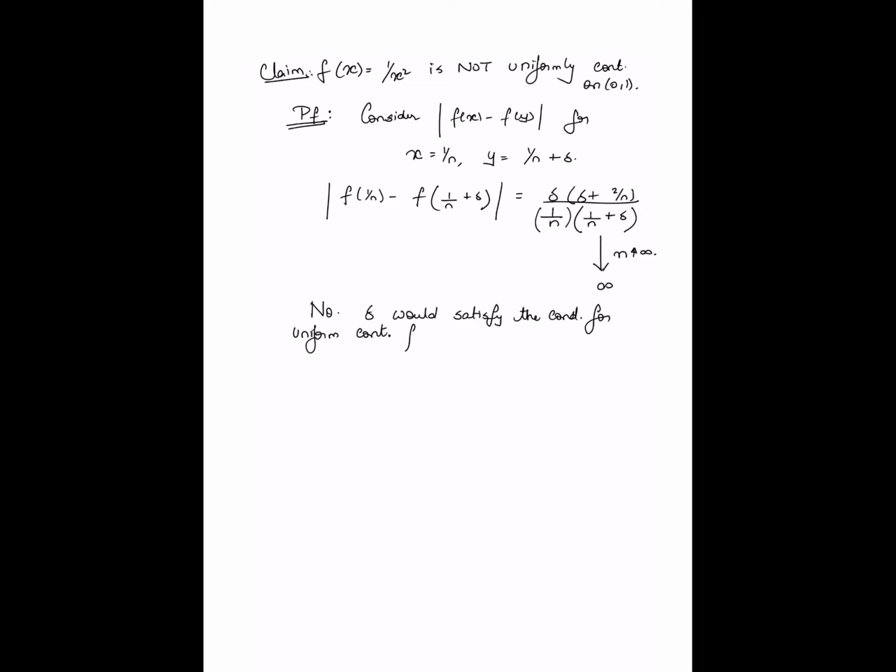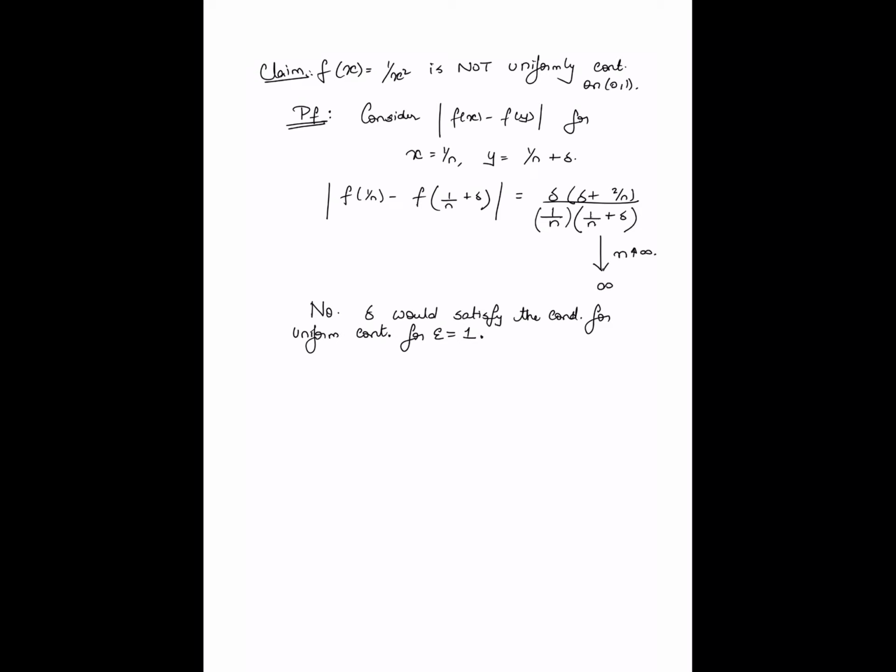So for example, for epsilon equals 1. If it were uniformly continuous, then for epsilon equals 1, you should be able to give me a delta such that any two points in the interval 0 to 1 which are delta apart would satisfy the condition that the difference between the function values is at most 1.